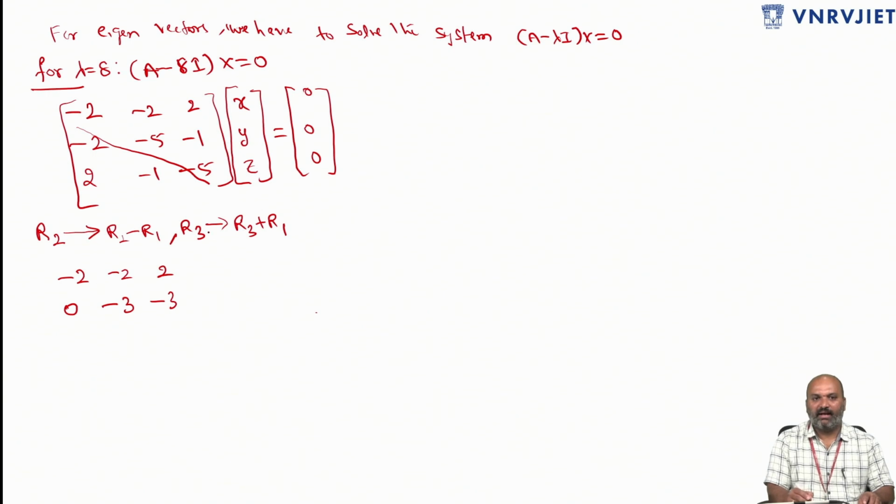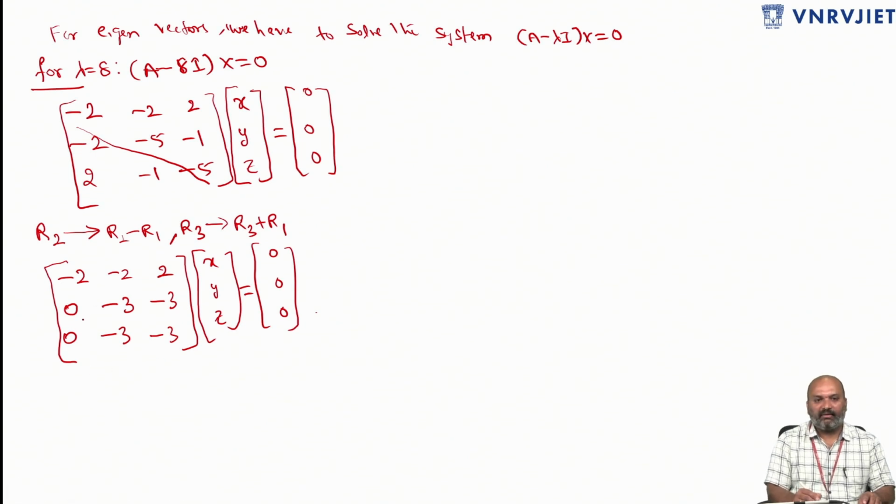Coming to the third row, R3 plus R1. 2 plus of minus 2 is 0. Minus 1 plus of minus 2 is minus 3. Minus 5 plus 2 is minus 3. So now, in the first column, the elements below the principal diagonal element are 0. Next, this is X, Y and Z equals 0, 0, 0.